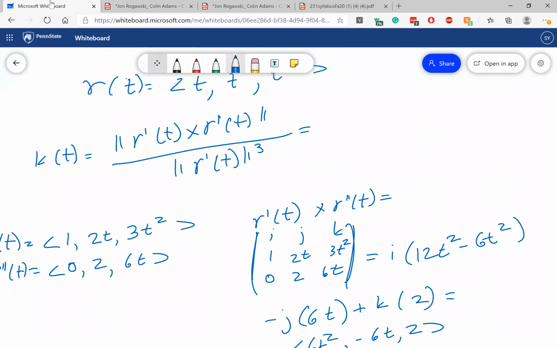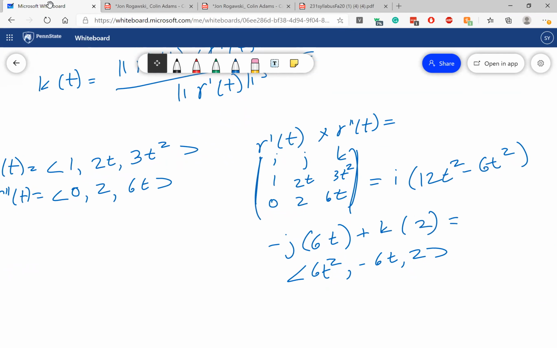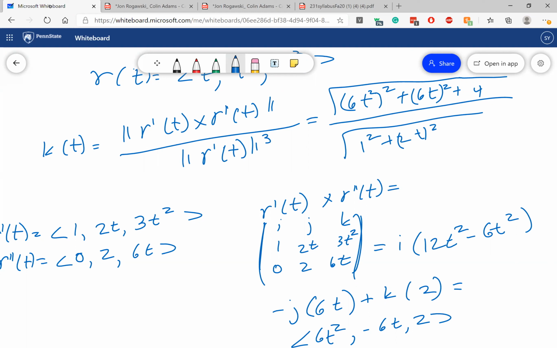It would be the square root of 6t squared squared plus 6t squared squared plus 4, over the magnitude of this cubed, which is going to be the square root of 1 squared plus 2t squared plus 3t squared squared, all this cubed. And that would be the answer.